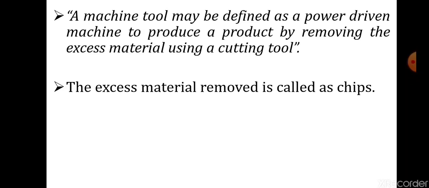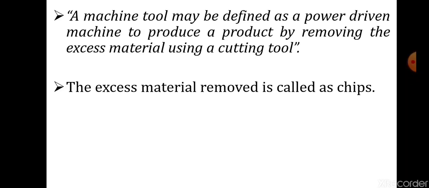Okay, there's another part. The excess material that is removed is called chips. I don't want you to get confused with the chip that is used in the electronic industry and the term that is being used here. In the electronic industry, a chip is a very valuable component, whereas in the manufacturing process, when we say the word chip, it means it is an unwanted material or a waste.